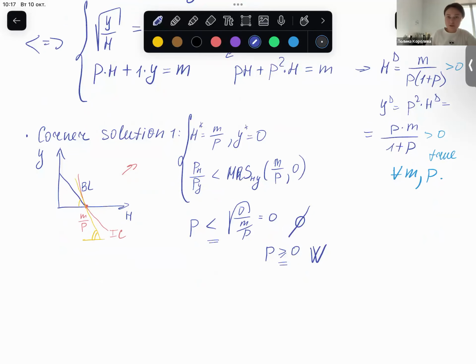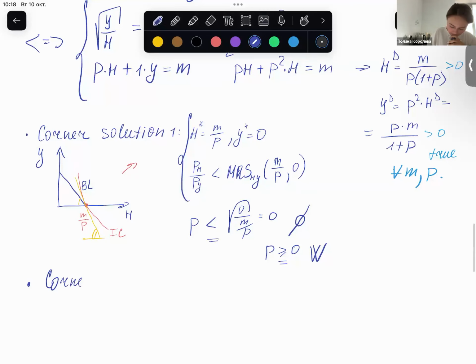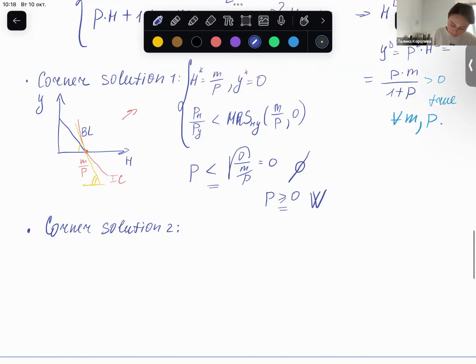And also let's check another corner solution, when we spend all our money only on the composite good. Corner solution 2. This is the polar situation when heating is equal to 0 in optimum, and we spend all our money on Y. So I will remind you how it can look.